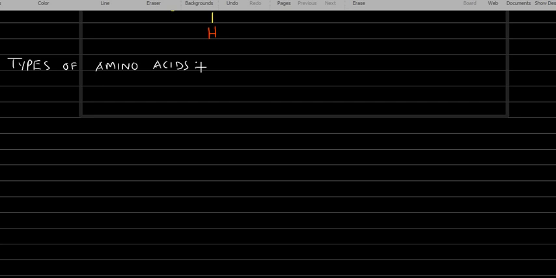So first we will see how many amino acids there are in all. Right now I will write two types of amino acids, one with a different color.